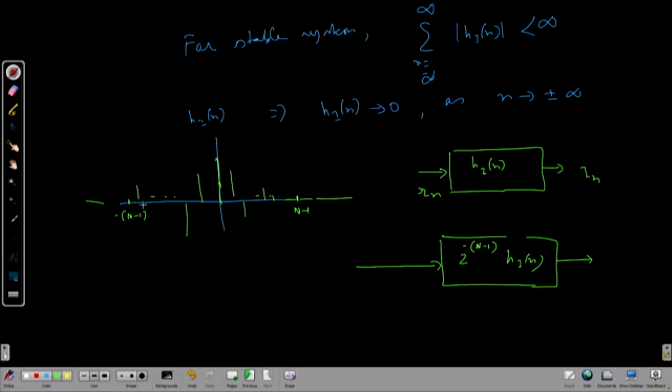Then what will happen? This is a sequence in the Z domain.